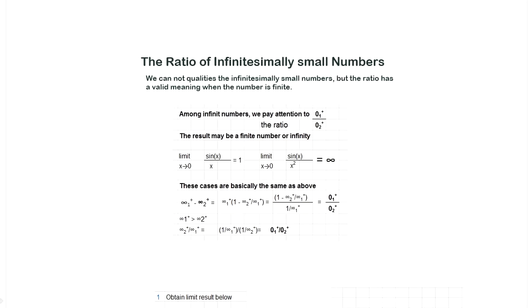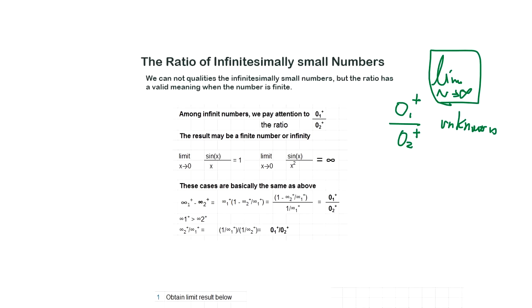When you take an infinitesimally small number divided by an infinitesimally small number, what happens? It is unknown unless you figure it out with the limit n equals infinity method, for this function. Okay?